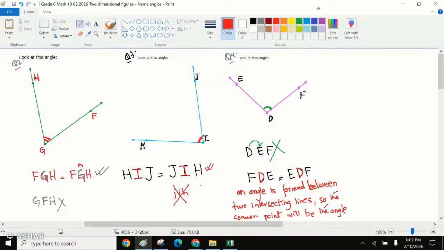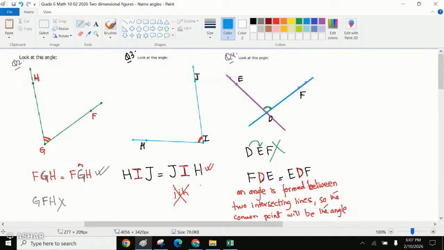See, if I had the first line that was DE, right? This was the first line. And let's suppose we had another line that was DF. So what is the common point in these two where the lines intersect? Oh, okay.